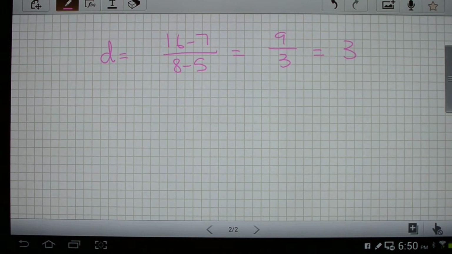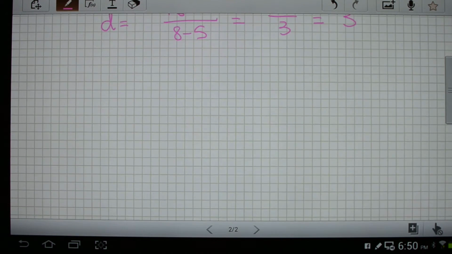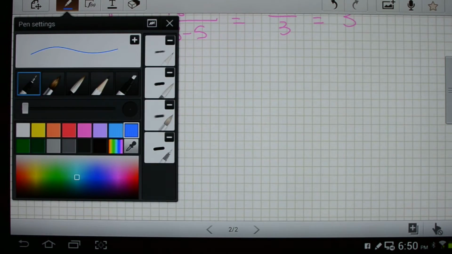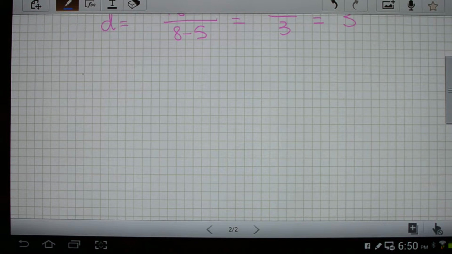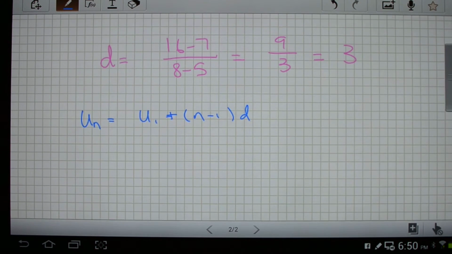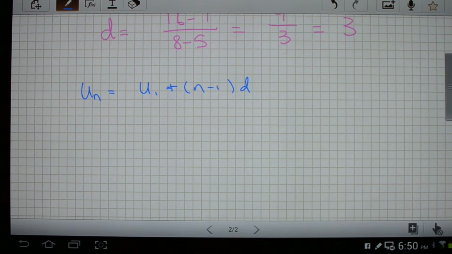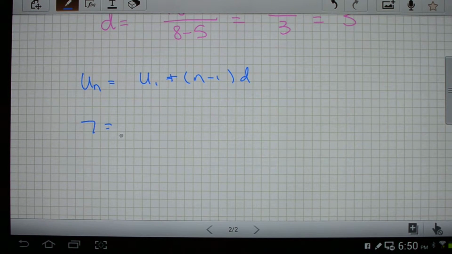The way the book did it was they did simultaneous equations using the formula. So it was Un equals U1 plus n minus 1 times the common difference. And then plug into the formula twice. So U5 is 7. So 7 equals U1, we don't know, plus n is 5, and we don't know the common difference.